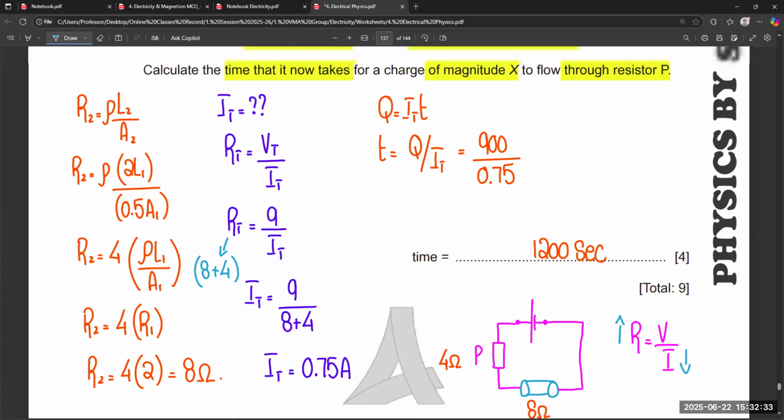No. Because in theoretical questions, we have to know the idea of combination of resistors, the concept of EMF, potential difference. So all together we have to consider all concepts in a single question.